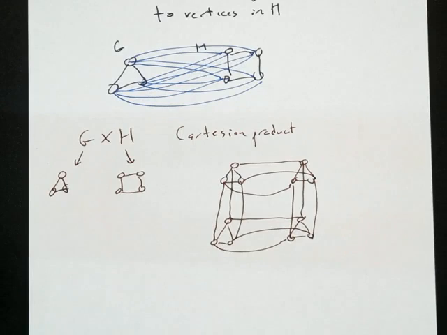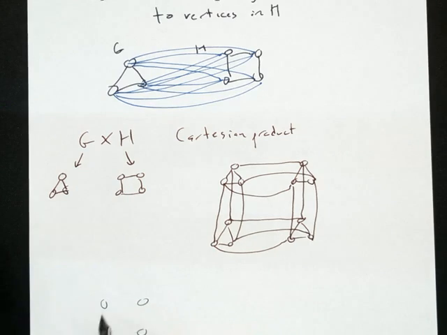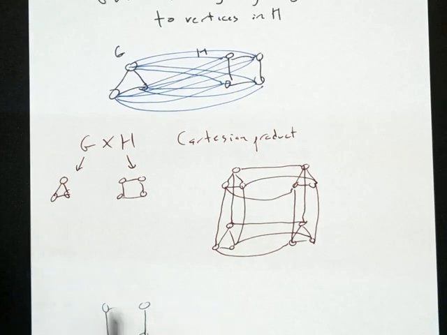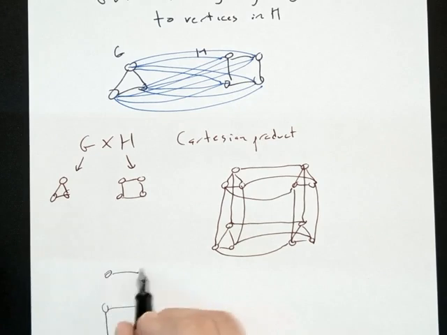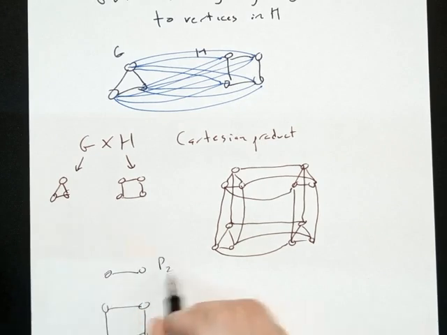By the way, you've done this already. You just didn't think about it. When you draw a square, what you're really doing is you're taking 2 paths and connecting them to each other. So you took a path and replaced each one by this. So if this is P2, this is P2 times P2.